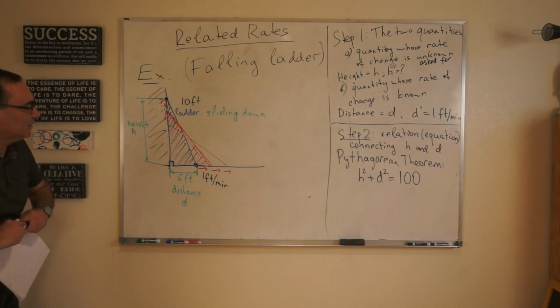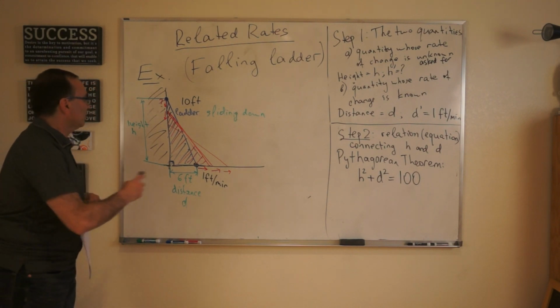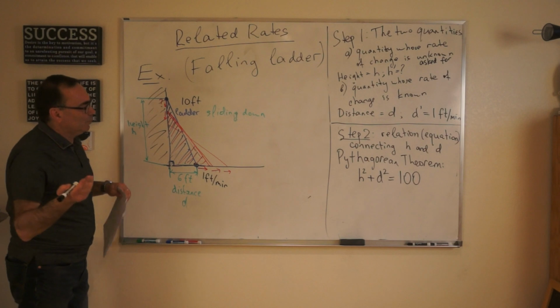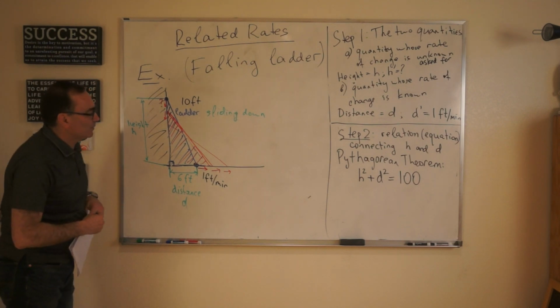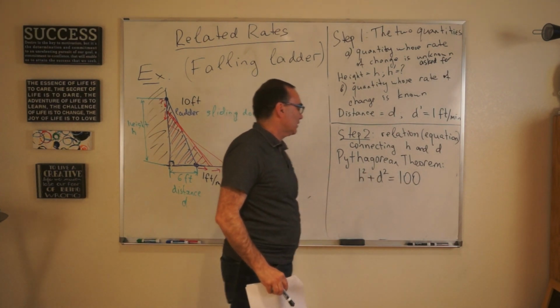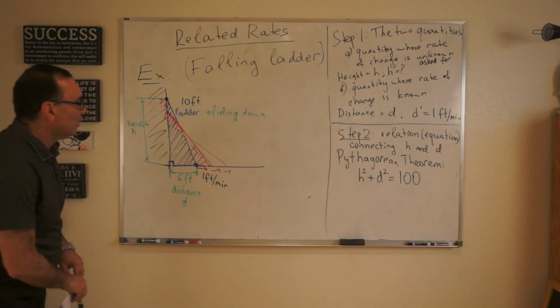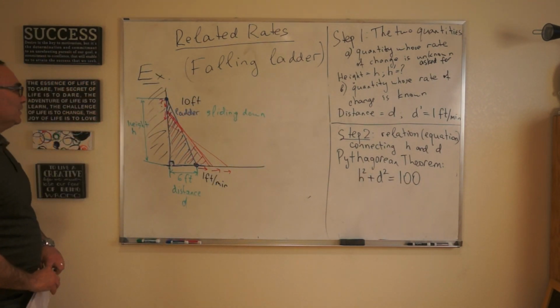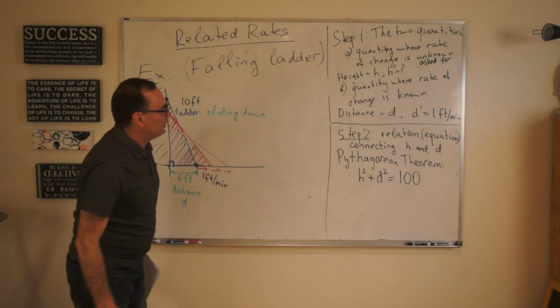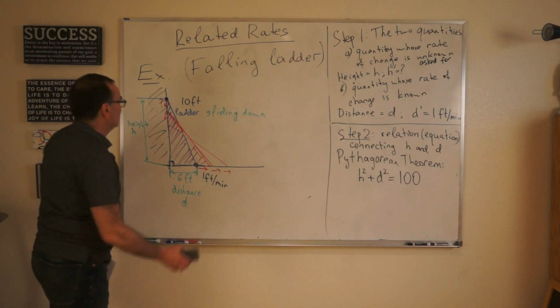Again, it may be given, but if it's not given in the text of the problem, then you can pull it from some previous knowledge, some background, like in this case it's from geometry. So h squared plus d squared equals 100. Okay, now what? Now step 3: left hand side derivative equals right hand side derivative.